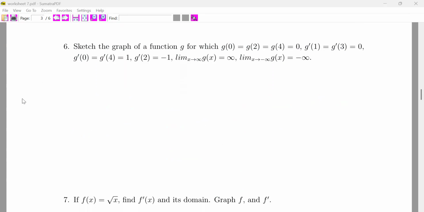So using this information, we have 3 points: (0, 0), (2, 0), and (4, 0).